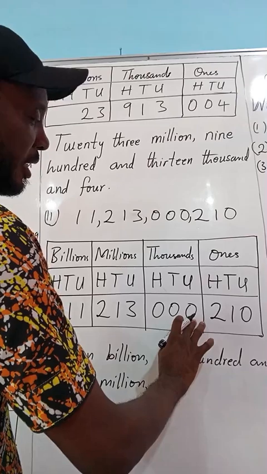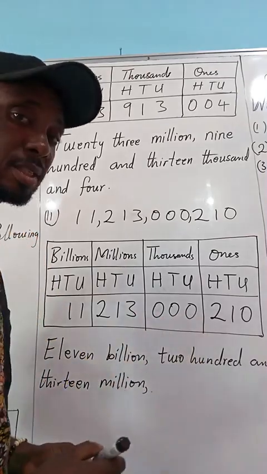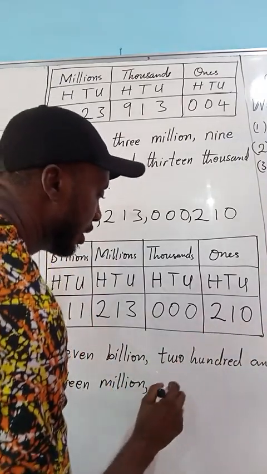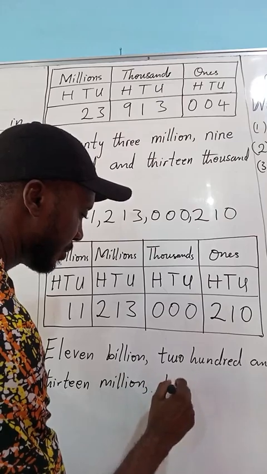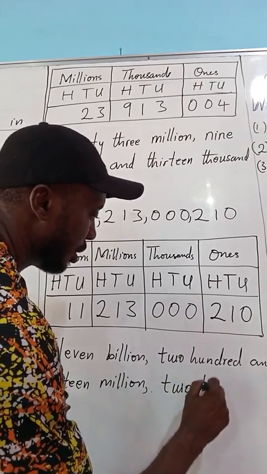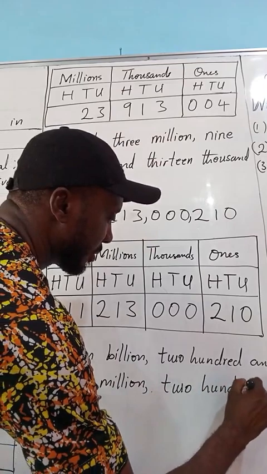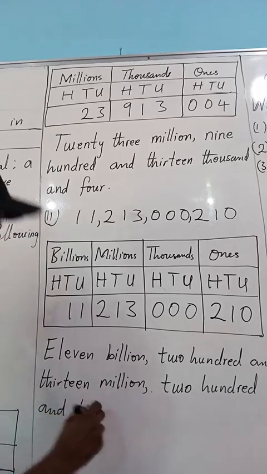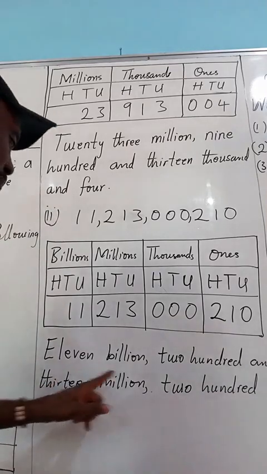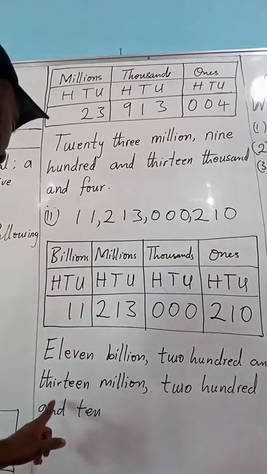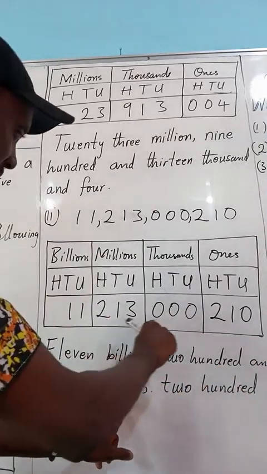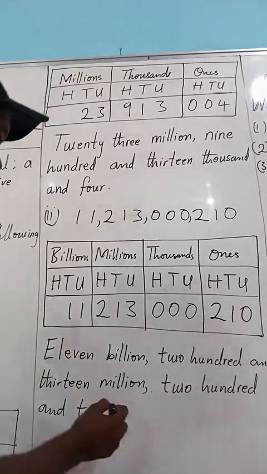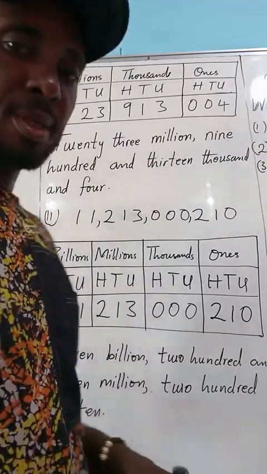This group has zeros, so you don't add it. Then you write this one, 210. So in this case, we have 11 billion, 213 million, 210. So you've written this in words.